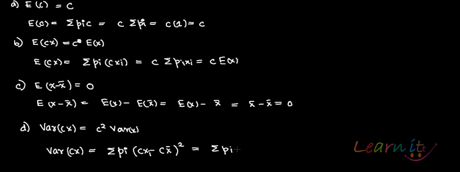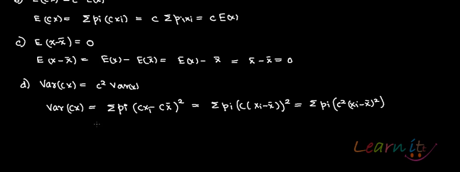Summation of pi. You can write this as c xi minus x bar square, which would be equal to summation of pi into c square xi minus x bar square. c square will come out, summation of pi xi minus x bar square.